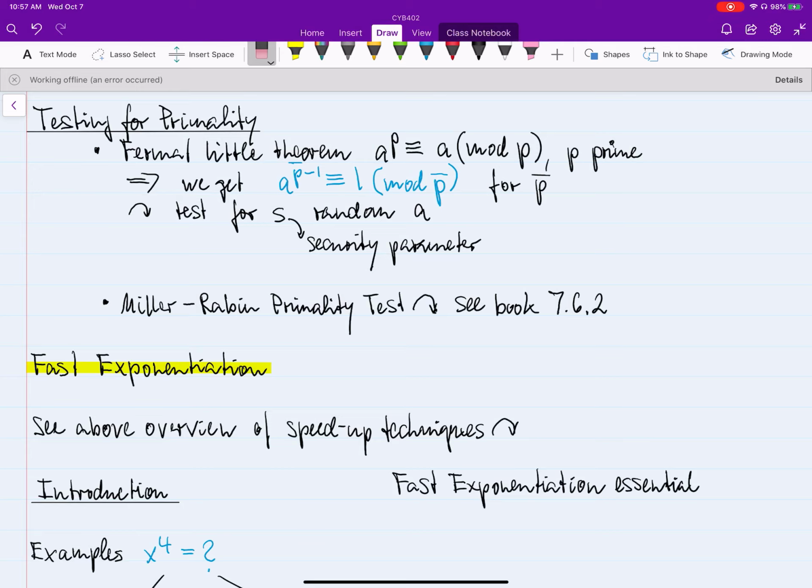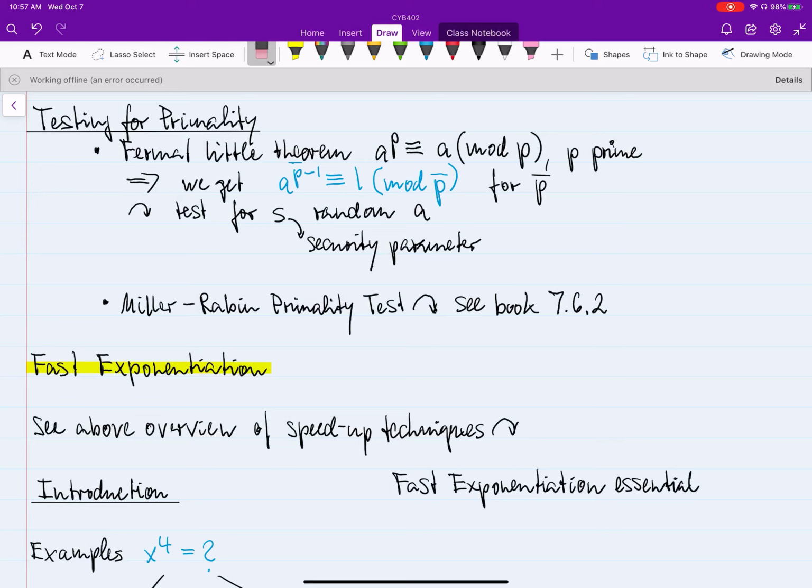So obviously, Fermat's little theorem holds in general if p dash is prime, but unfortunately there are numbers, they're called Carmichael's numbers. Carmichael numbers are composite numbers that also fulfill Fermat's little theorem.